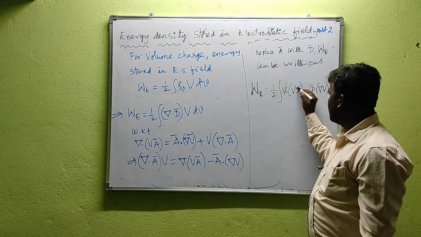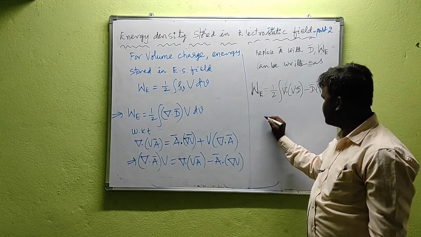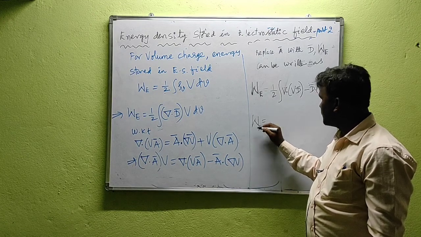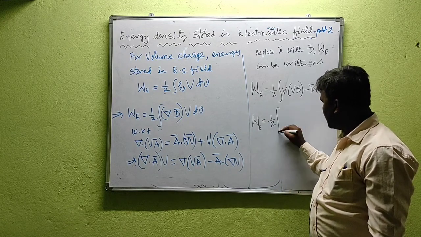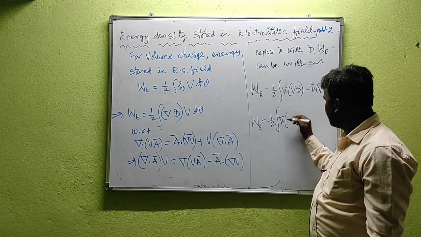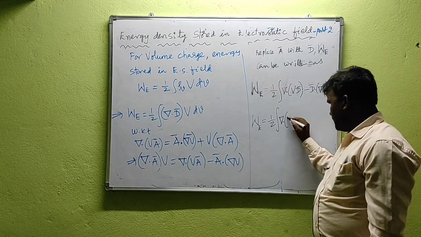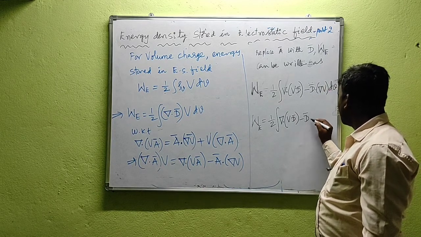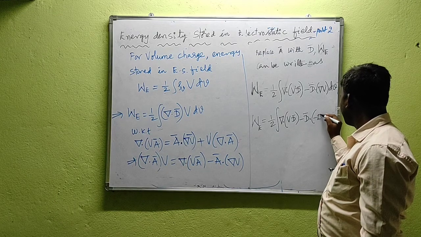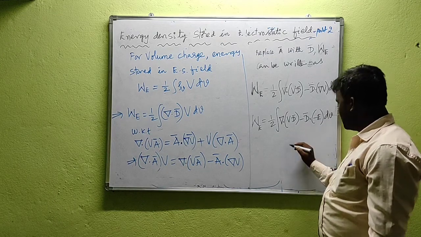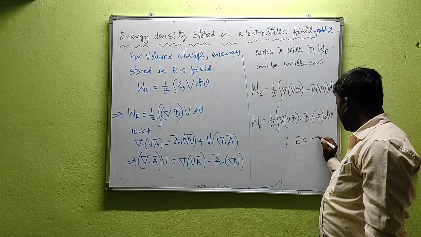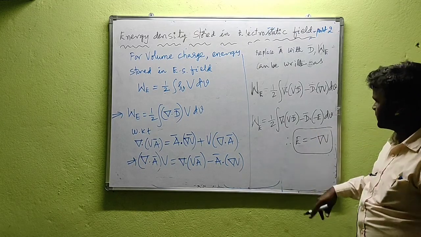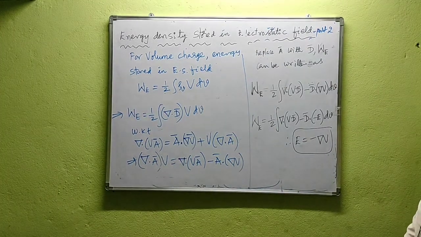So W_E is equal to 1 by 2 integral of del dot V D minus D dot del V dV. Del V is nothing but minus E, since E equals minus del V.